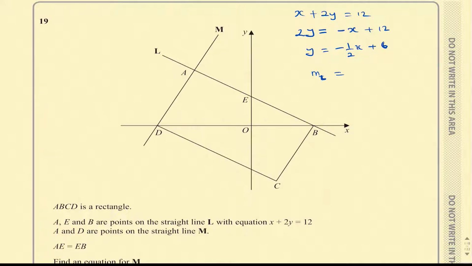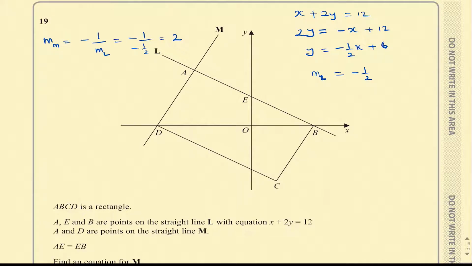The gradient of line L is minus a half. But the gradient of line M will be minus 1 over ML, which is minus 1 over minus a half. And that will give us 2. So that's the gradient of M.